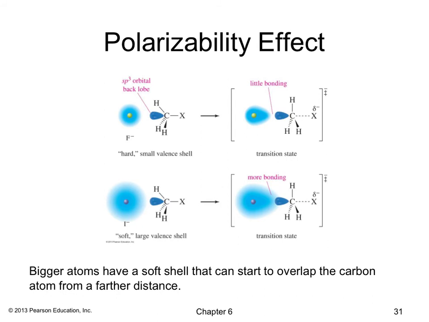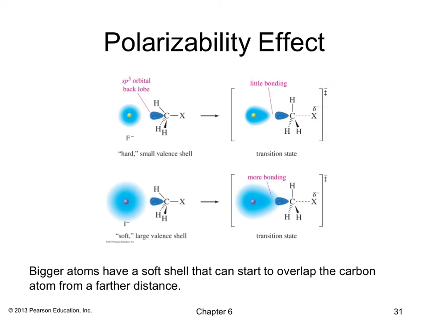Polarizability effect. So if we look at, for example, fluorine, which is a hard, small valence shell, and here's the backside lobe of your carbon that you're going to be trying to attack, you're going to have little bonding overlap of this small valence shell with this sp3 orbital back lobe, because the fluorine is small, so there's little bonding in the transition state.